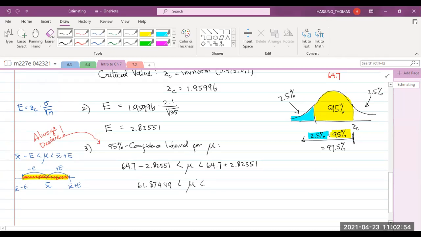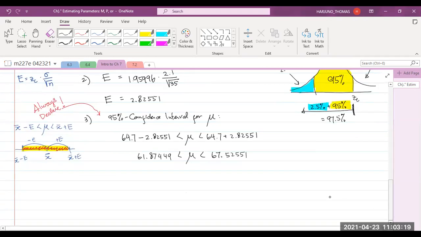The upper bound will be 67.52551. Now always do that in these 3 steps. Okay, let's do one more example from me, and then I will take problems from the older edition of our textbook.